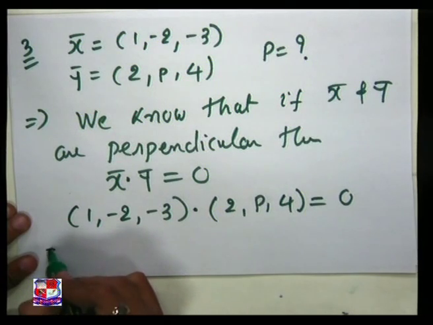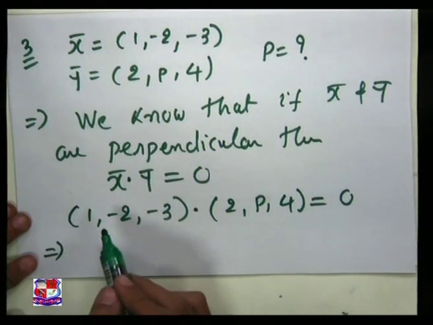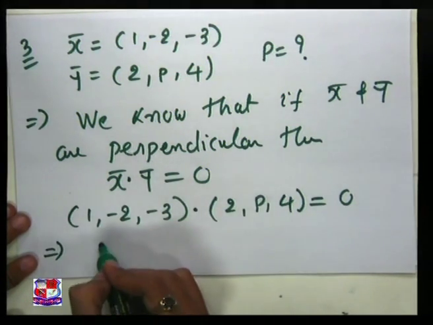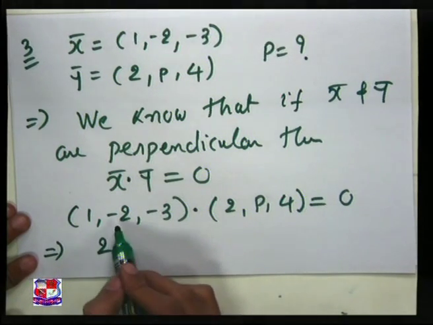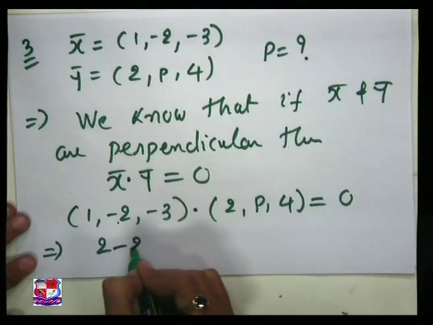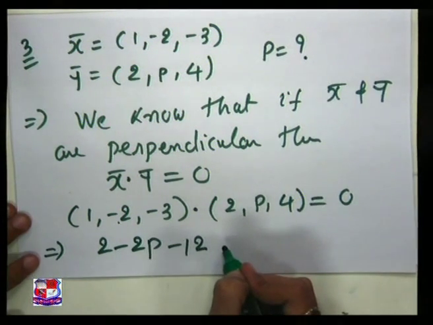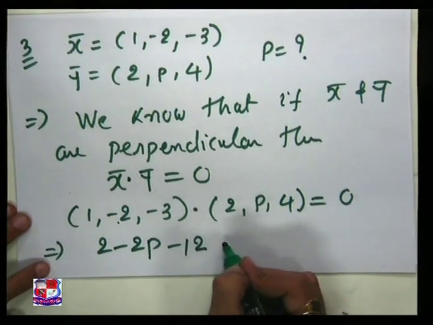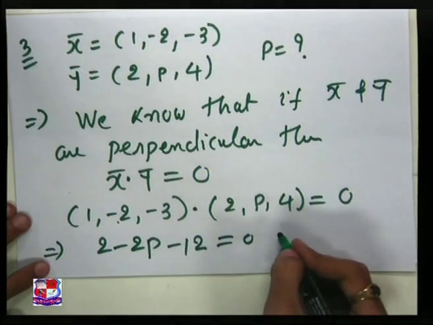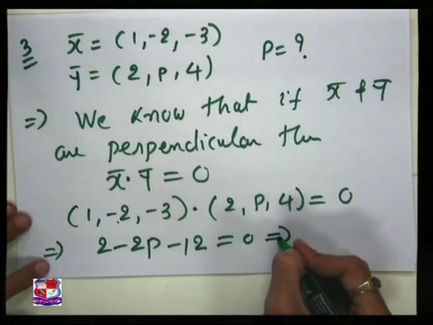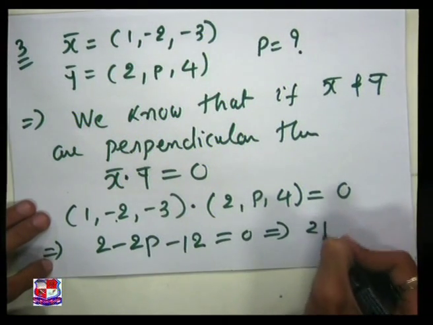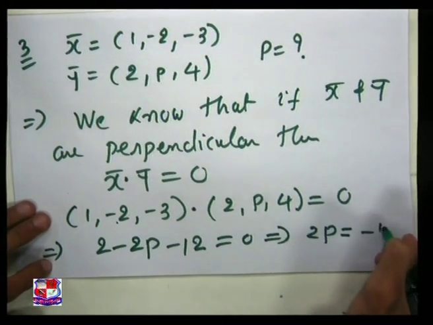So by simplifying, we know how to do the dot product. 1 into 2, that is 2, plus minus 2 into p, that is minus 2p, and minus 3 into 4, that is minus 12, is equal to 0. So by simplifying this one, I will get 2p is equal to minus 10.